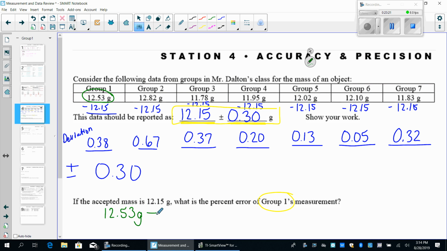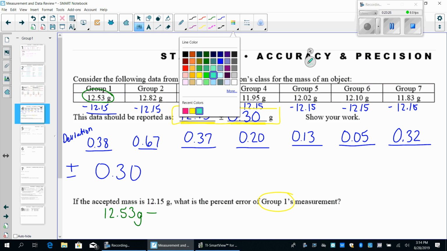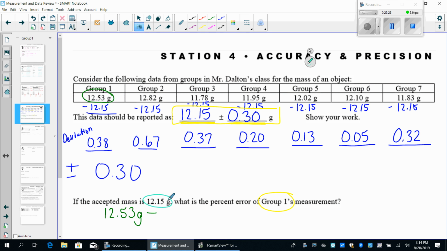Then you are going to subtract out what the accepted mass is. So the accepted mass here is 12.15. Divide by the accepted mass, 12.15, times 100, because this is a percent.